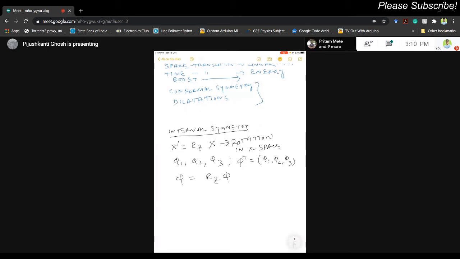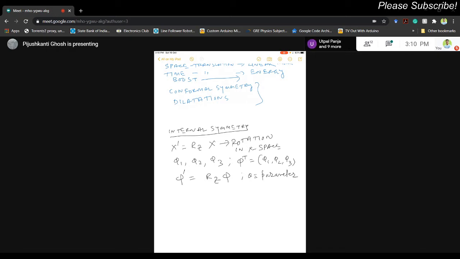Phi prime is equal to R_z phi, where theta in the definition of R_z, if you remember when I was teaching you Lorentz transformation, there is a theta, but here theta is merely a parameter, and you are rotating in the field space around phi 3.